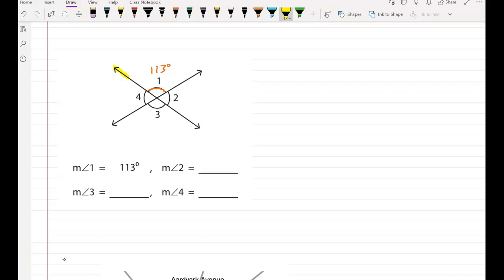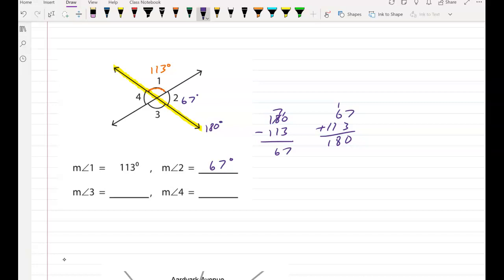If you see that the measure of angle 1 and the measure of angle 2 create a straight line, and that straight line is 180 degrees, then if we subtract 180 minus 113, we find that the measure of angle 2 is 67 degrees, because 67 plus 113 is 180 degrees, which is a straight line.